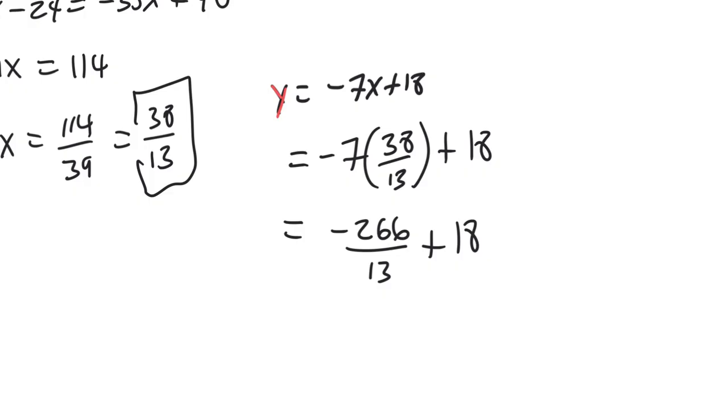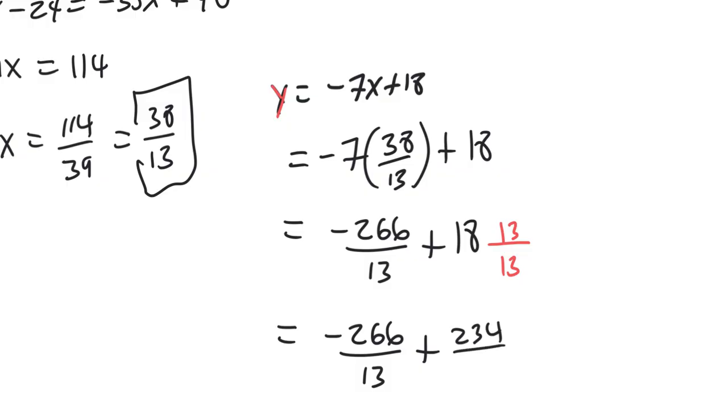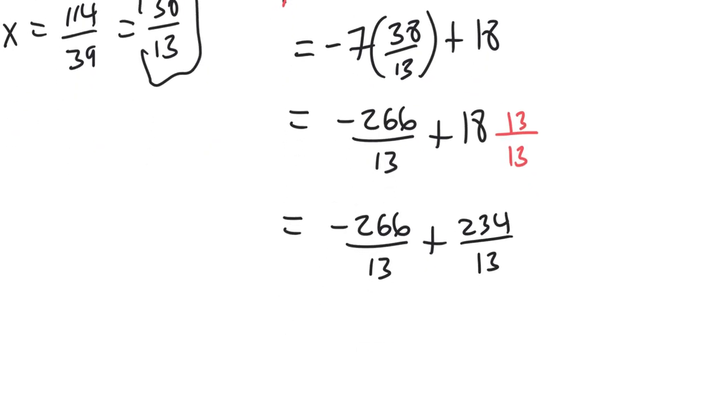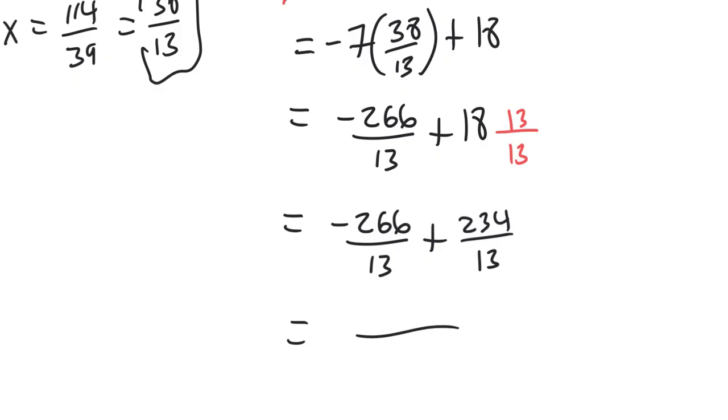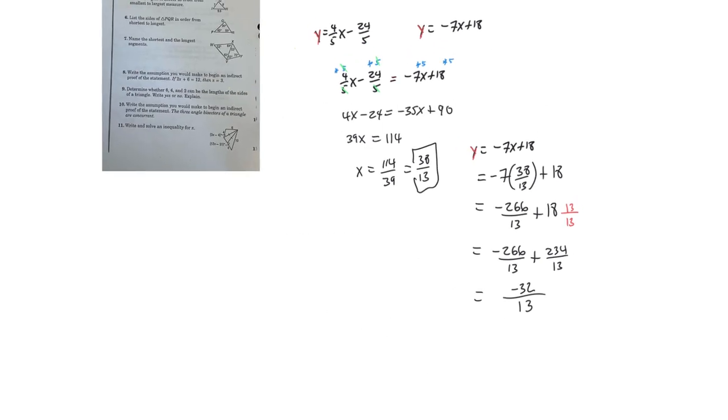Here we could get a common denominator by multiplying 18 by 13 over 13. It would be true that 18 times 13 is 234. So that's 234 over 13, keeping that common denominator on the bottom and combining the numerators gives us negative 32 over 13.